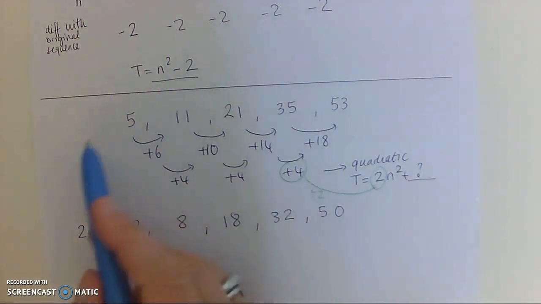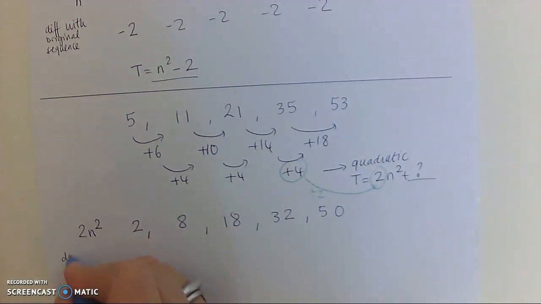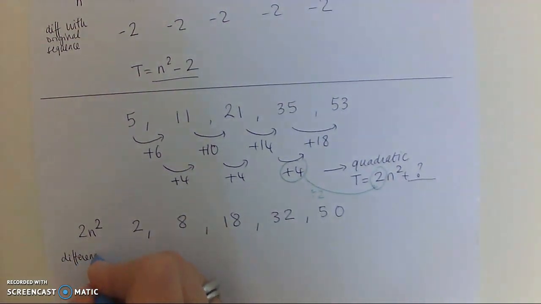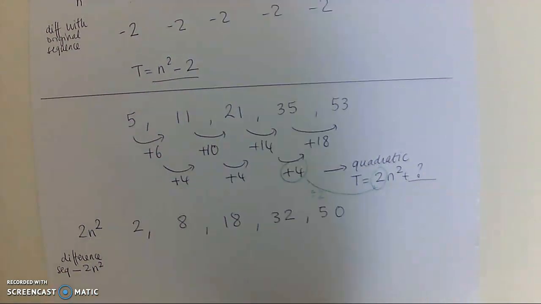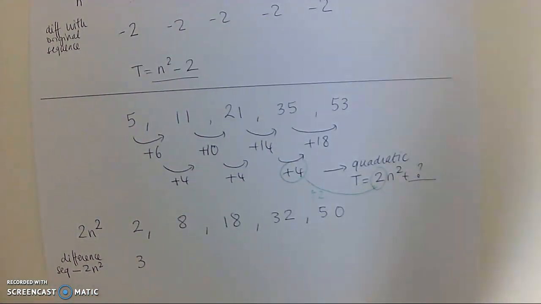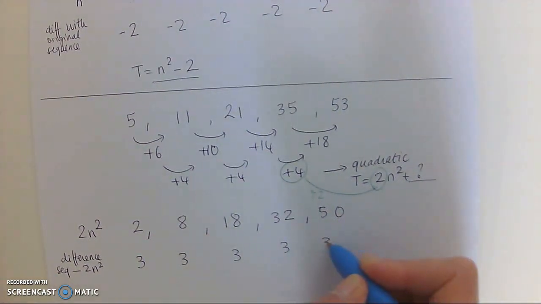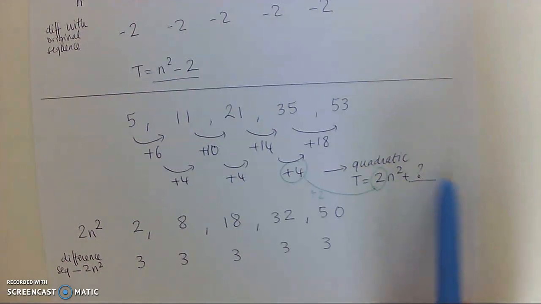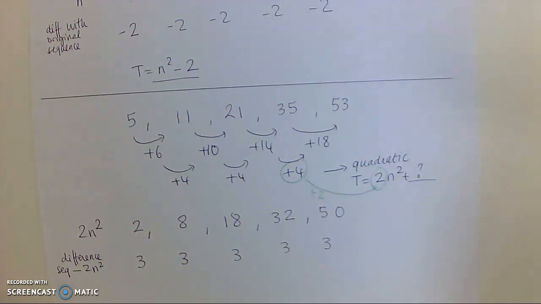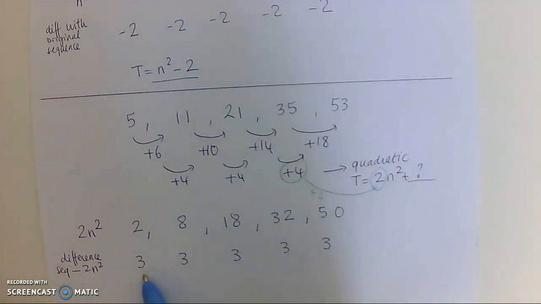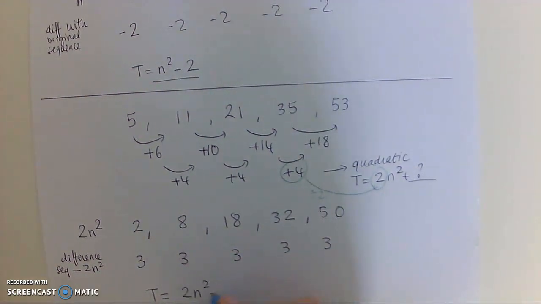In this case, now we're going to see the difference between the sequence minus 2n squared, and we find that 5 minus 2, we've got 3 left, 3, 3, 3, 3. So in this case, what's left, what's on top of the 2n squared, is 3. So t equals 2n squared plus 3.